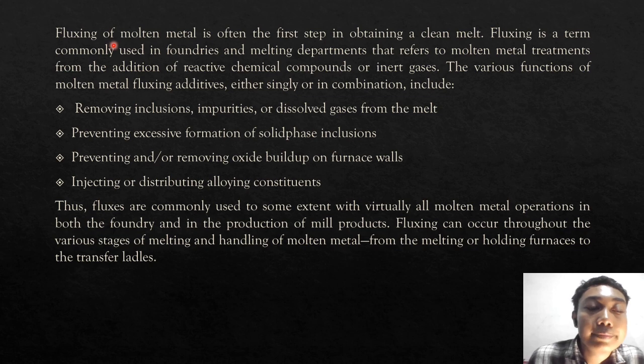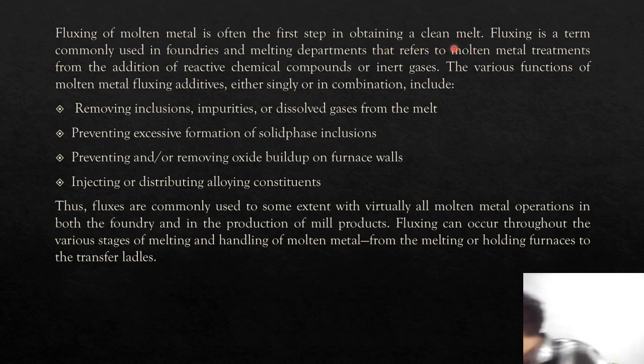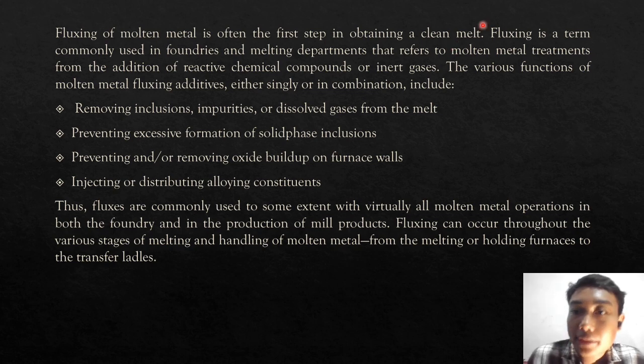Fluxing of molten metal is often the first step in the upgrading of clean metal. Fluxing is a term commonly used in foundries and metal plants that refers to molten metal treatment from the addition of reactive chemical compounds or inert gases.